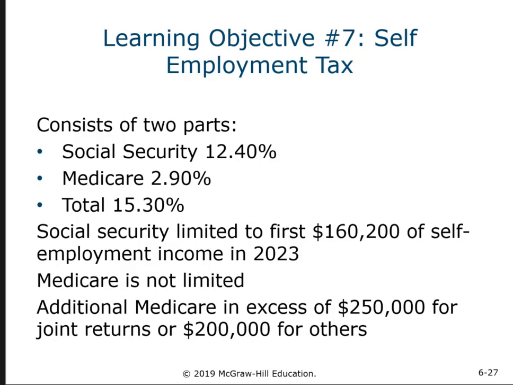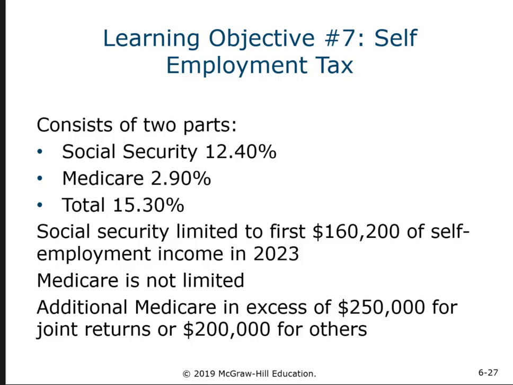All right, so you calculate your net. Now, where it gets a little tricky and where you're going to have some problems in our homework is when you have income from a regular job with wages, and so you've paid some Social Security and some Medicare through your employer, okay? And then you also have your own business.